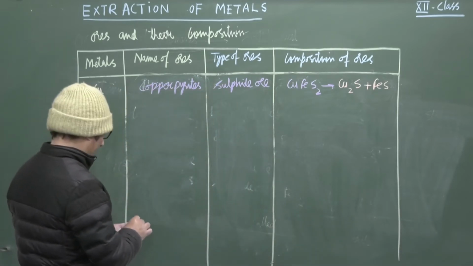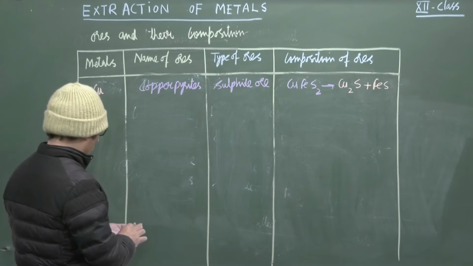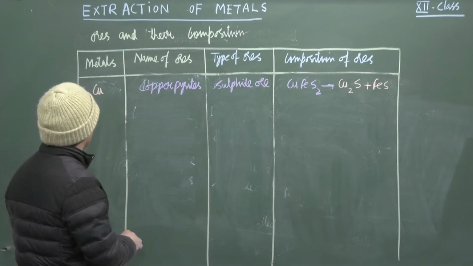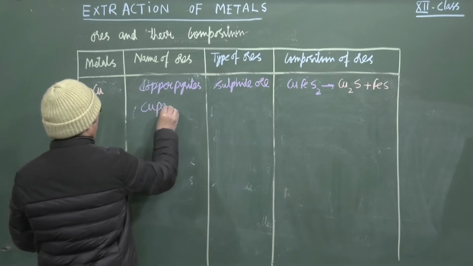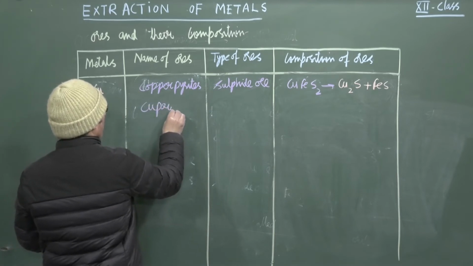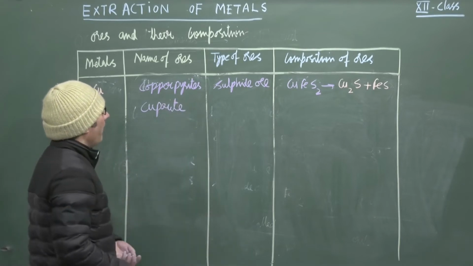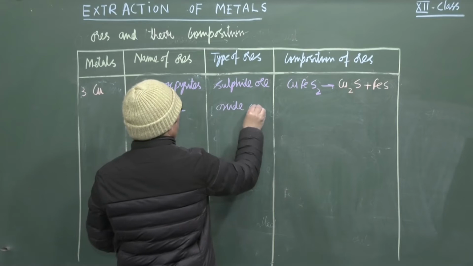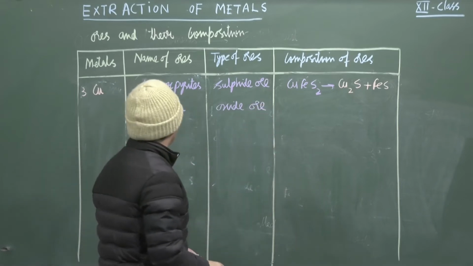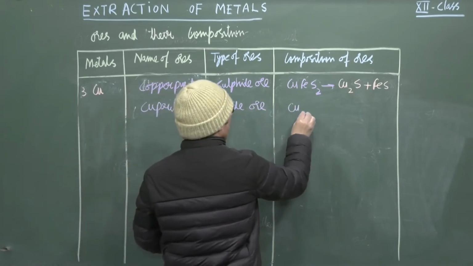Then the next ore of copper is cuprite ore. This is an oxide ore of copper, and copper is present as copper oxide, Cu2O.